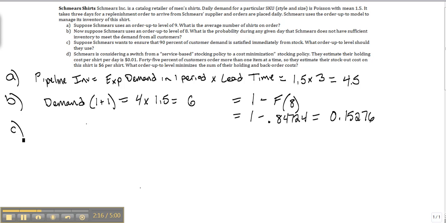Moving on to part C. Here we're trying to evaluate an order up to level that yields at least a fill rate of 90%. We know that fill rate is equal to 1 minus the expected back orders over the expected demand in one period.